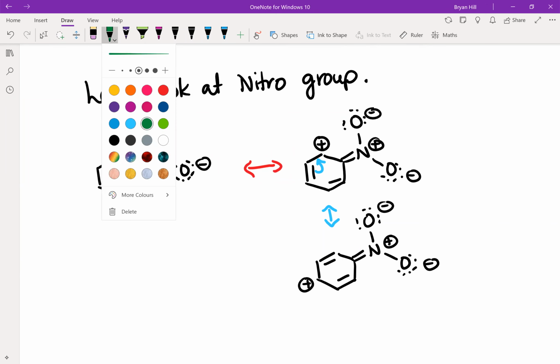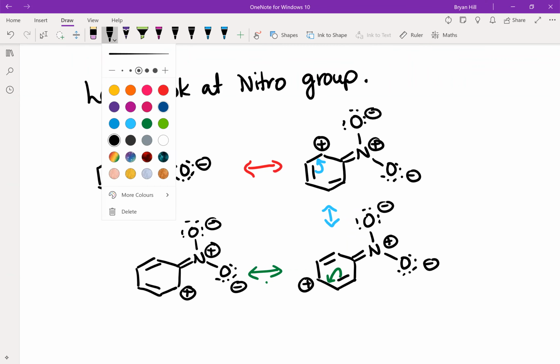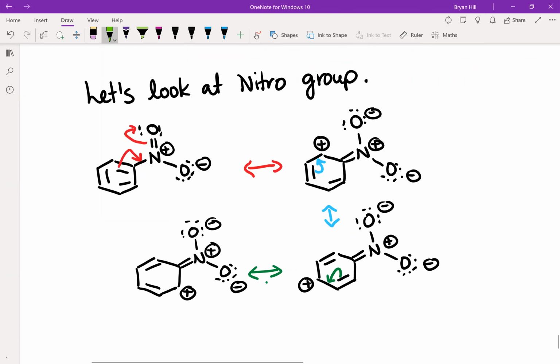And let's draw another resonance structure. Let's move that there. There we go. And then I guess we could go back to where we started by doing this. These electrons go there, goes there.